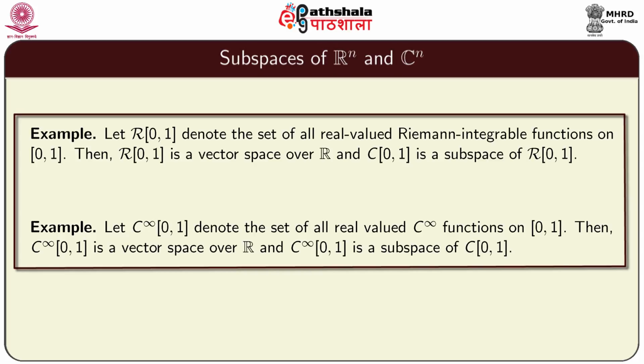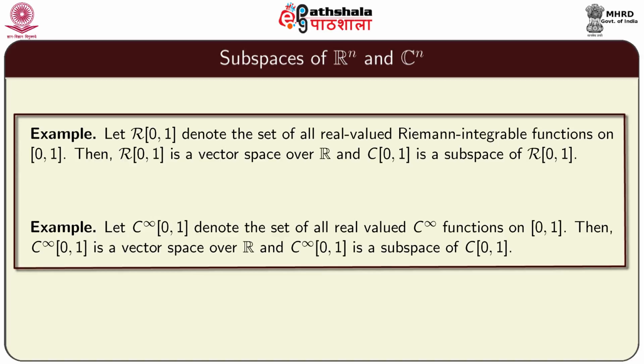and C01, which was defined as the collection of all continuous real valued functions on the closed and bounded interval 0, 1. And again, we know that every continuous function on 0, 1, for that matter on any closed and bounded interval a b, is Riemann integrable.